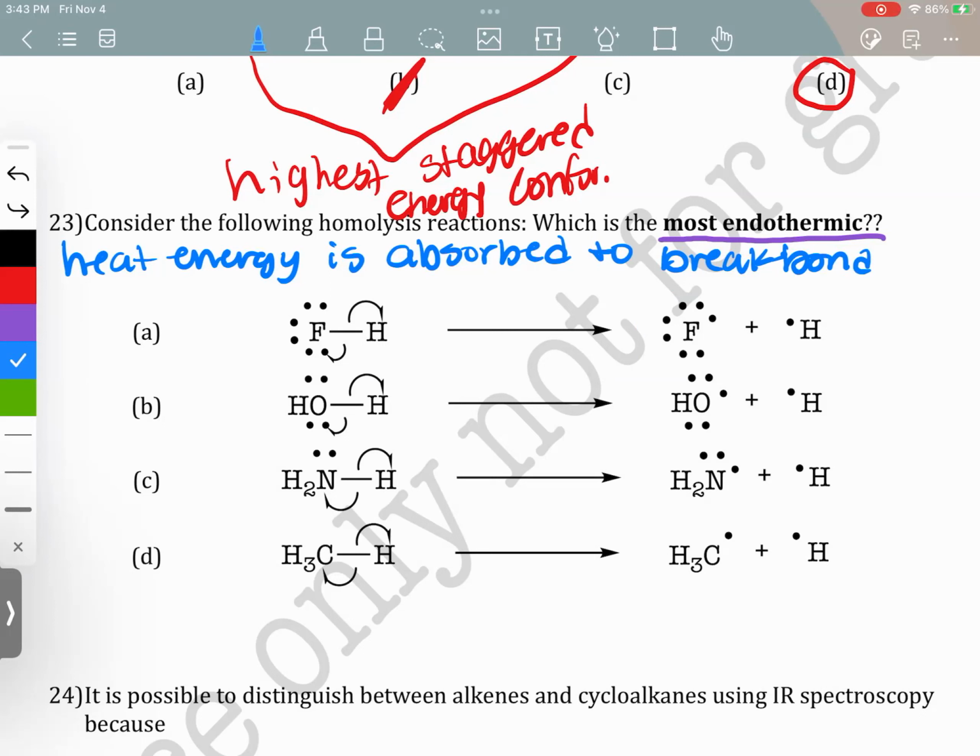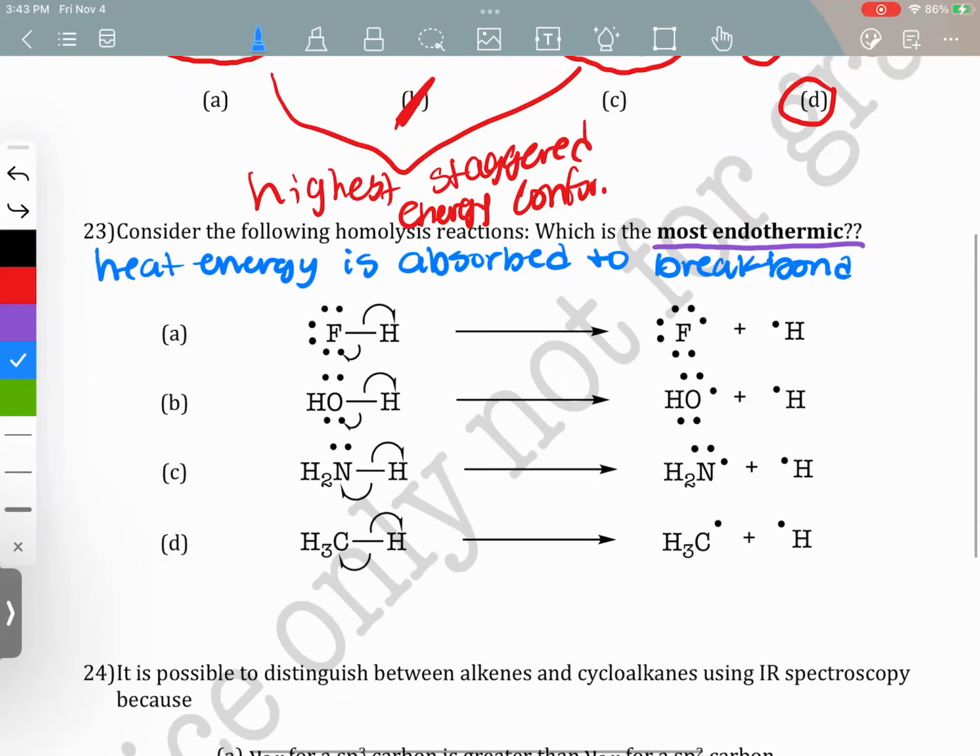Exothermic, you're creating bonds. So in an endothermic reaction, you absorb the energy to break the bonds. In exothermic, when you create bonds, it's about the amount of energy that is released after the creation, depending on the energies of the atoms that were involved in the first place. So that's exothermic.